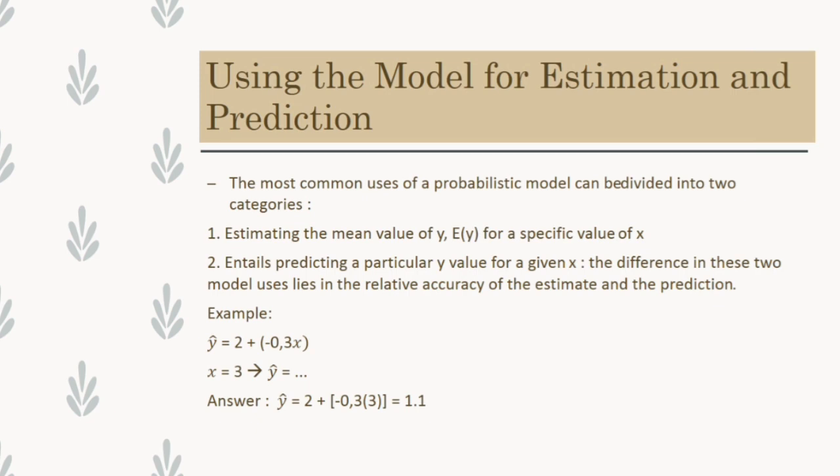The difference in these two model uses lies in the relative accuracy of the estimate and the prediction. For example, y hat equals 2 plus minus 1.3 times x, while x is 3, so y hat is 2 plus minus 1.3 times 3, which equals 1.1.